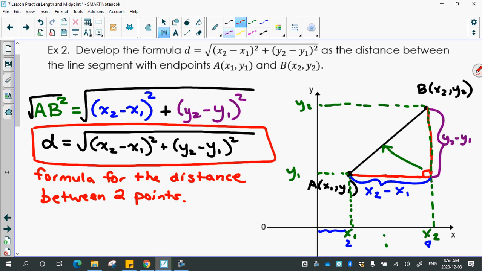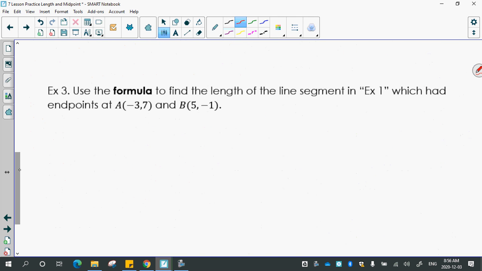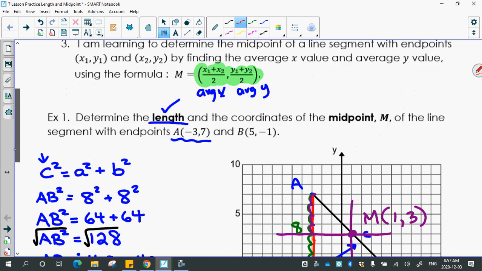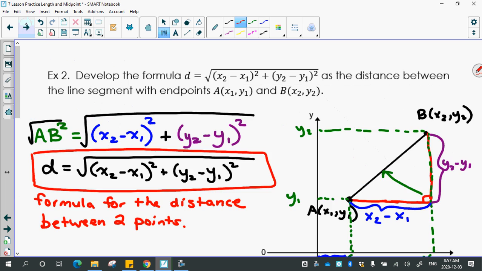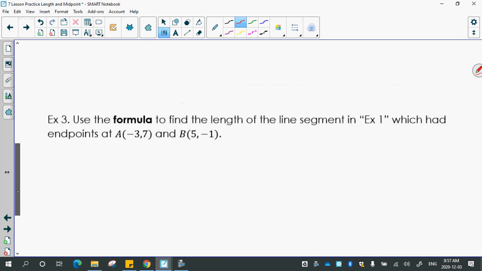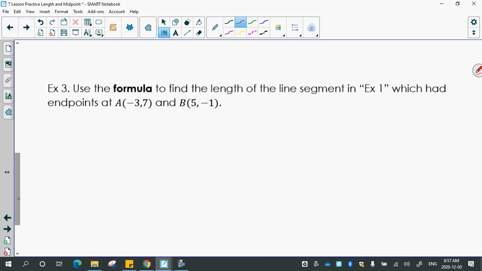Okay, so we're going to practice using the formula. Use the formula to find the length of the line segment in example 1, which has these endpoints. We should end up getting 11.3, so now we're going to try to get 11.3 using the formula. When you're given the 2 points, you immediately label them x1, y1.